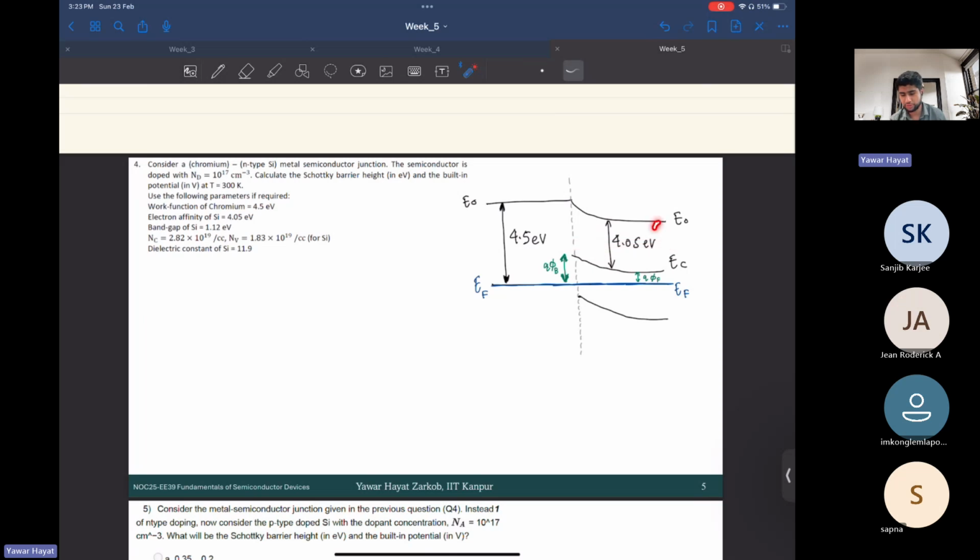It's equal to 4.05 electron volt far away from the junction, and it's also equal to 4.05 at the junction, because this is a material property. That won't change even if equilibrium is established. So how much is q phi B if this is 4.05? This should be clear from the figure. Please answer it. How much should be q phi B?